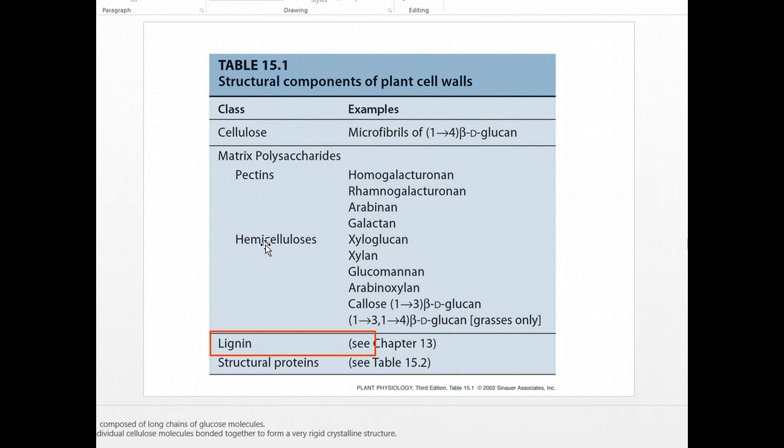That's exactly what it does in the plant cell wall. It's a gel, and it's a gel because it has bonding between the smaller molecules to form a gel. And that's exactly what it does in the cell wall. It basically sticks itself between the microfibrils and bonds those cellulose pieces together.